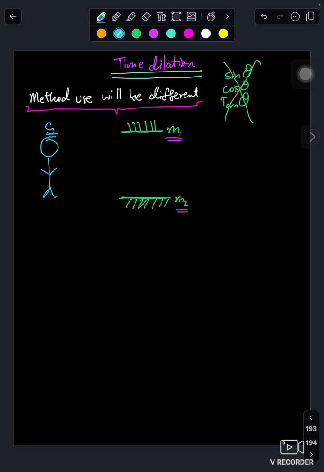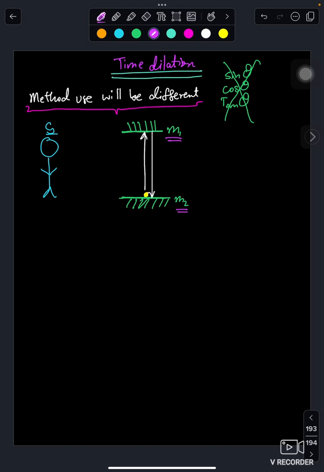What he will see is this photon, in what we call an atomic clock, or light clock. What will happen to this photon? It will move up and then move down, right?